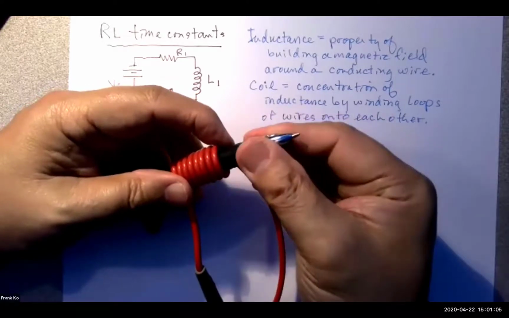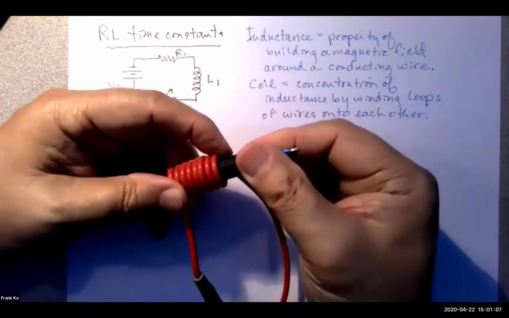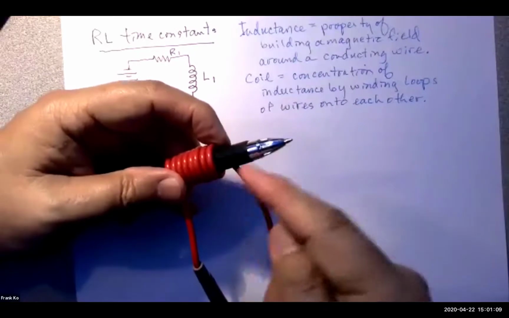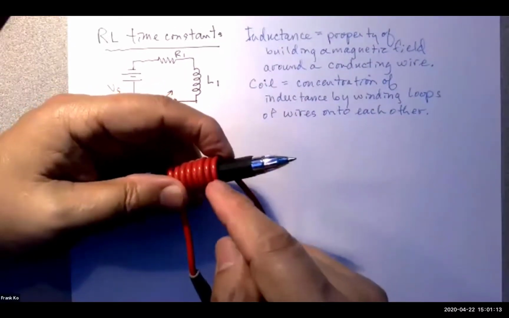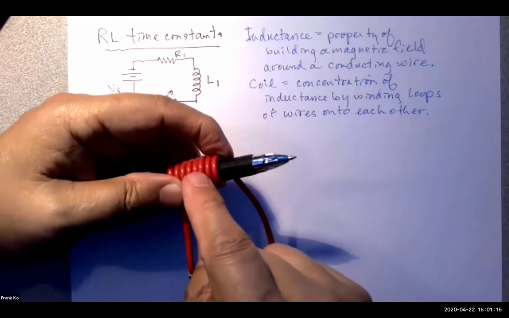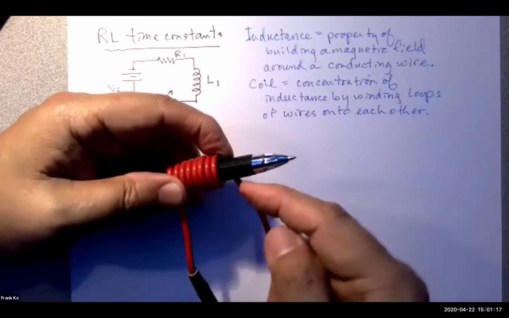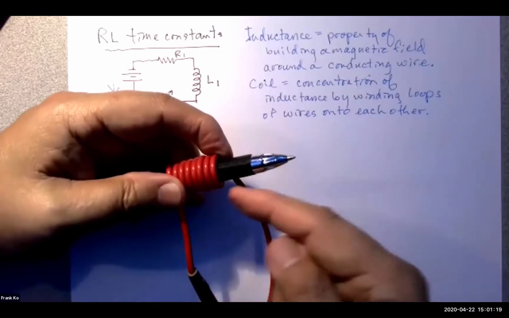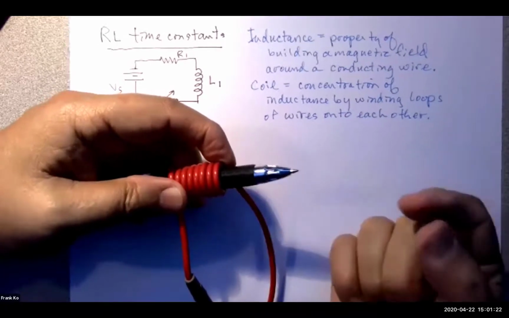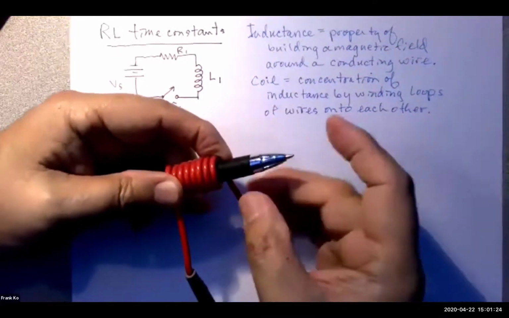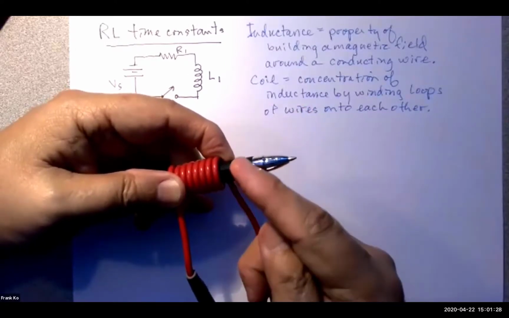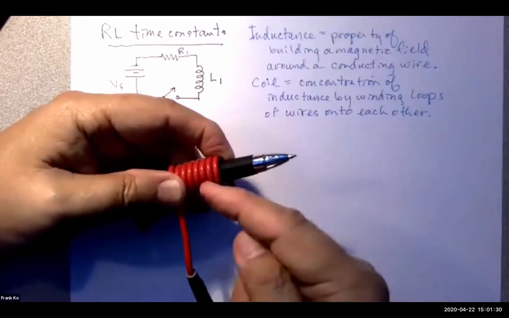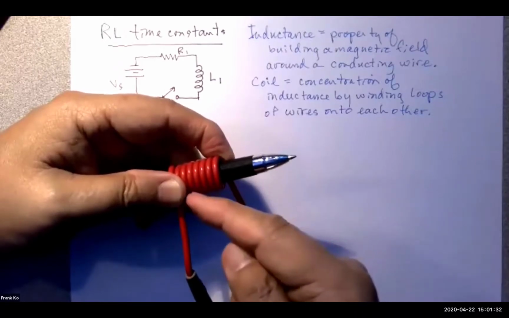In other words, if I create this coil and I pull the pen out, I have air in here, yes? If I have air in there, that's called an air core coil, meaning the core of this set of loops is hollow, so the core is made of air. I can concentrate the magnetic field further if I put something in that core.